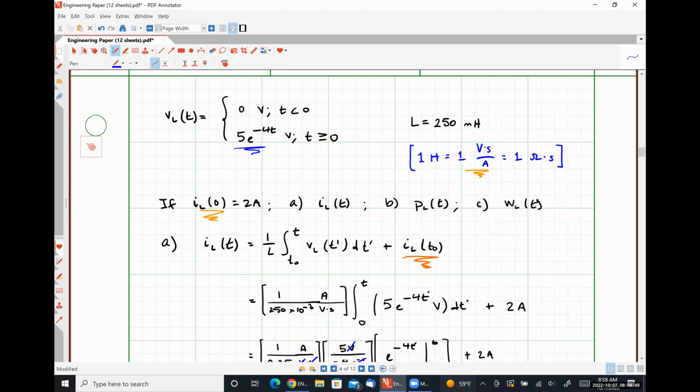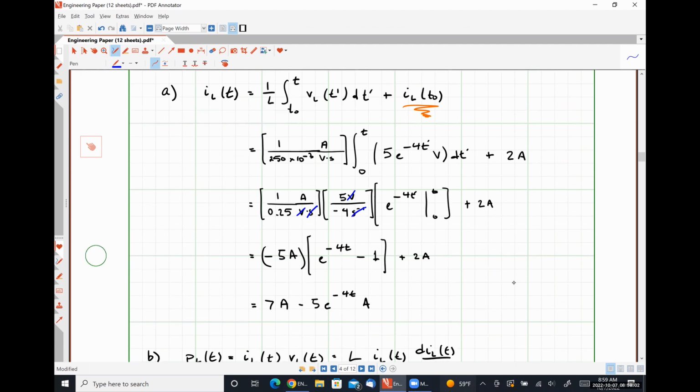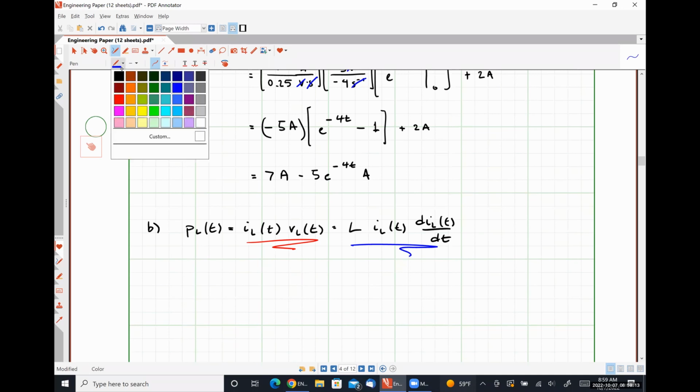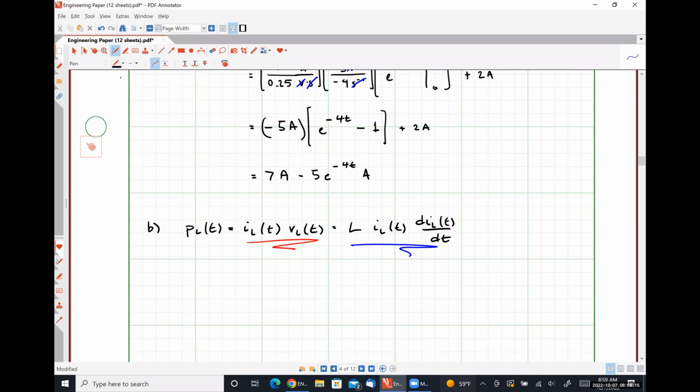So 9 times out of 10, I personally simply use power is equal to I times V based on what I'm given. Okay, it's pretty infrequent that I actually wind up having to use these other relationships.